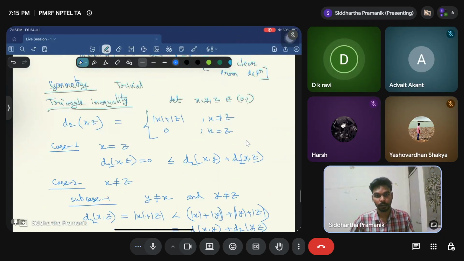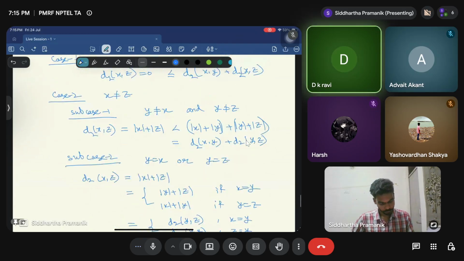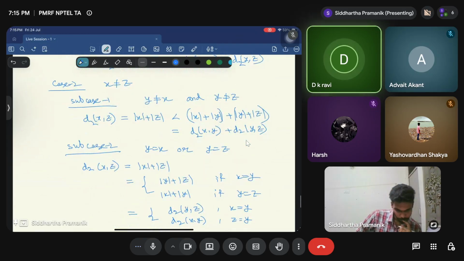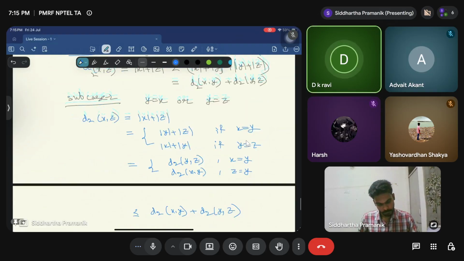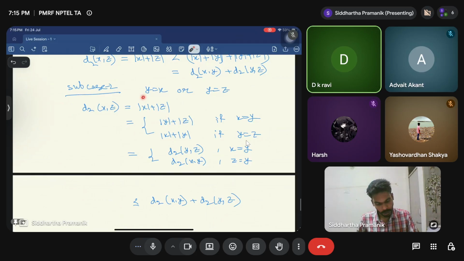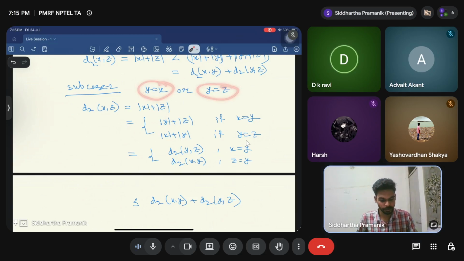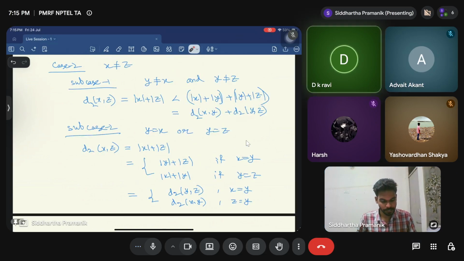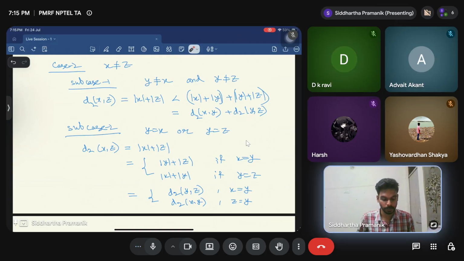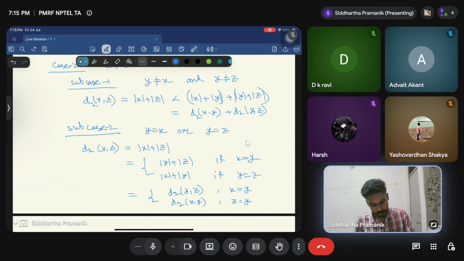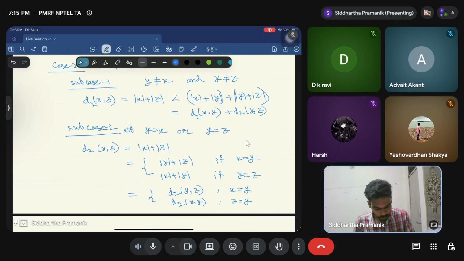Yeah, what about the case when y is not equal to x and y not equal to z? That case will not be possible. So either y equals x or y equals z, right? Because x and z are not equal. So either this or this.